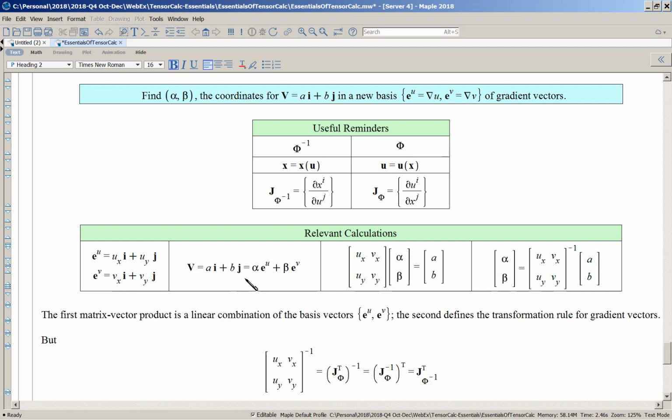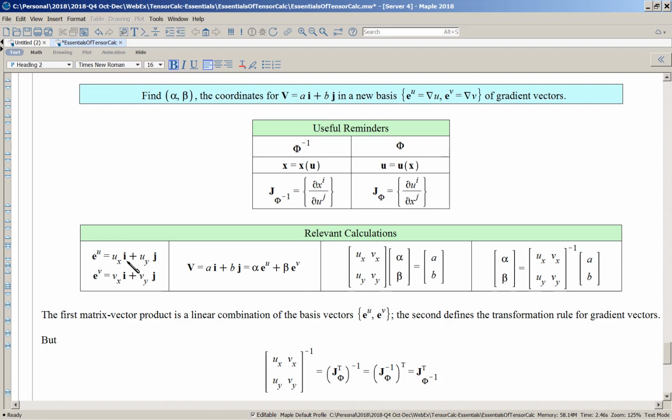And so you equate the vector in the one basis with the vector in the new basis, which is a linear combination of these two vectors. And you can represent that linear combination as a matrix product. Now, this vector appears here as a column vector, u sub x, u sub y.